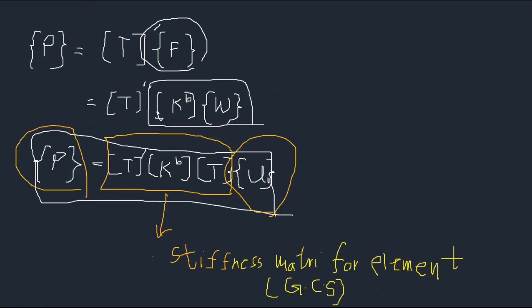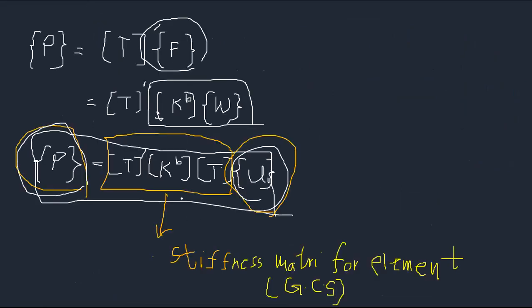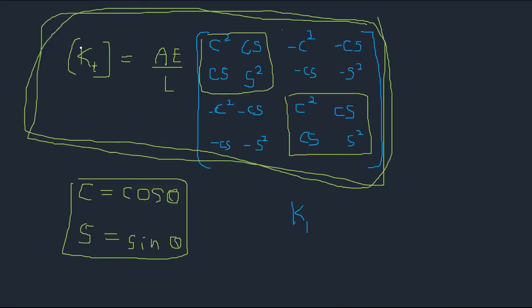Right? So this then becomes T dash KB into T, right? So this is something P into U, right? P into U. The remaining thing is this stiffness matrix for an element in the global coordinate system, right? When you simplify this, you will obtain something like this for the element, right?